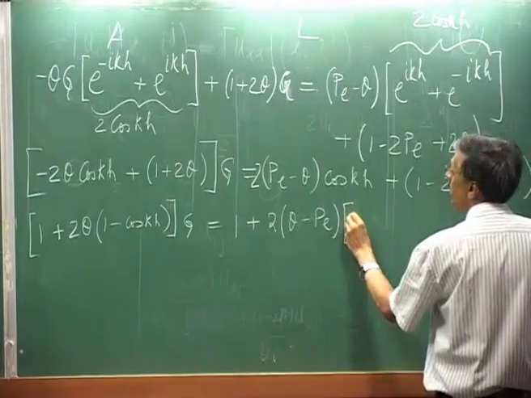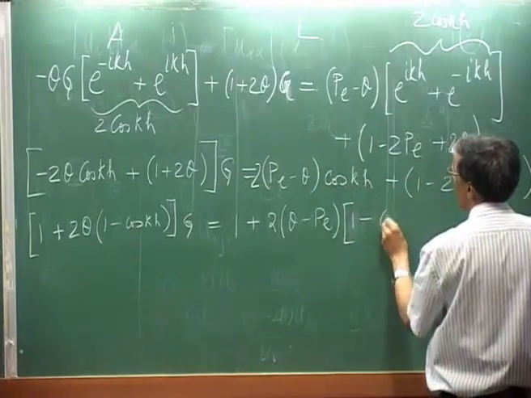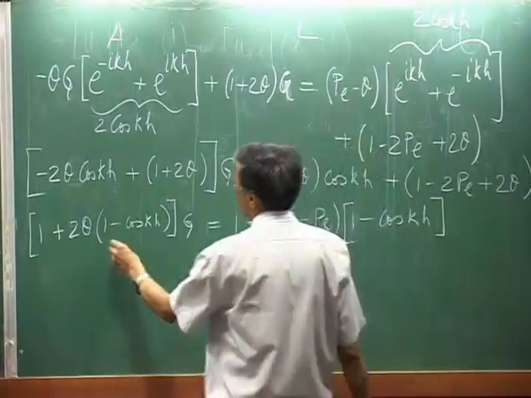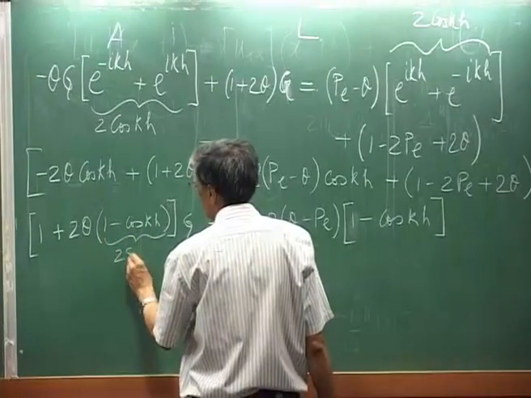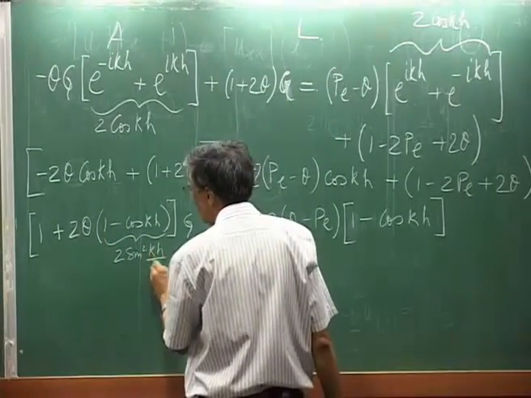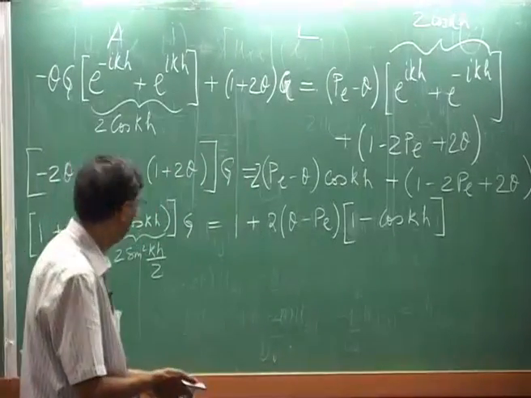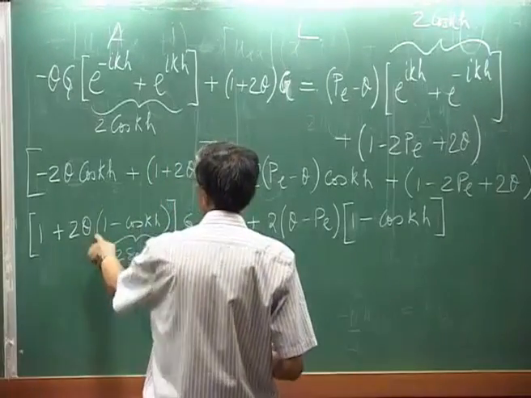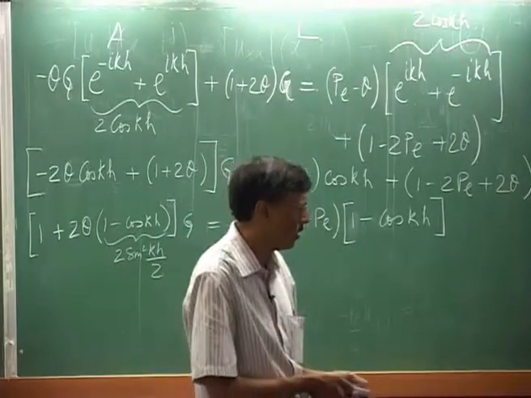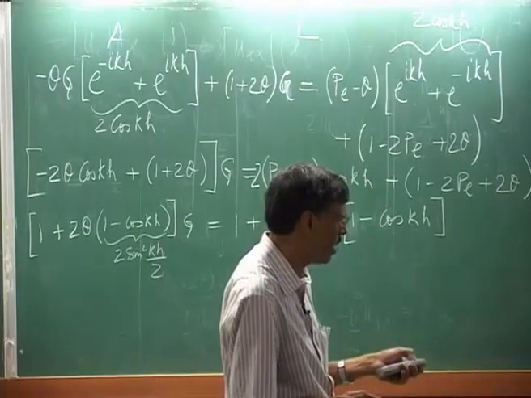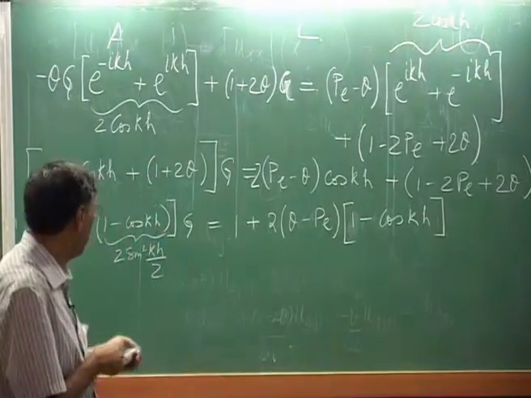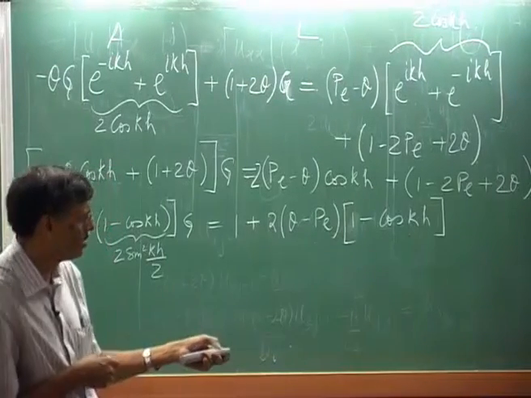This will give me 1, and from here I will get cos k h. Okay. So, of course, this is 2 sine square k h by 2. So, that is what you are seeing there. So, this is multiplied by 1 plus 4 theta sine square k h by 2. Okay. So, that is what you are seeing here down below, because Pe into lambda is theta, right. So, that is what you see in the denominator, and the numerator also similarly is written in terms of this.